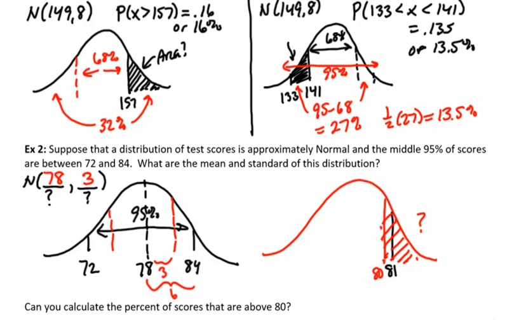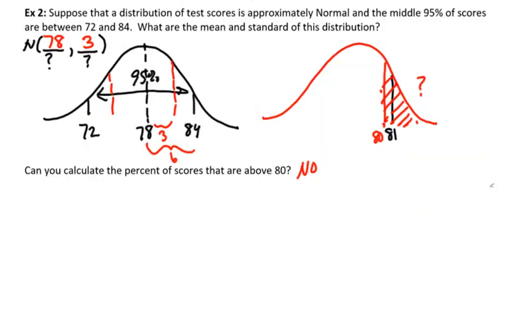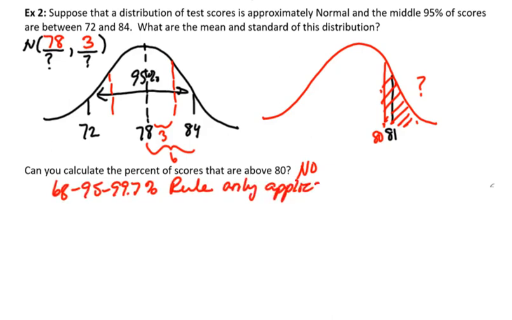I really don't have any rule for this, so at this point, no. The 68, 95, 99.7% rule only applies to plus or minus 1, 2, or 3 standard deviations. It doesn't work for anything in between. So we are going to learn how to do this, but it's going to take a different technique.